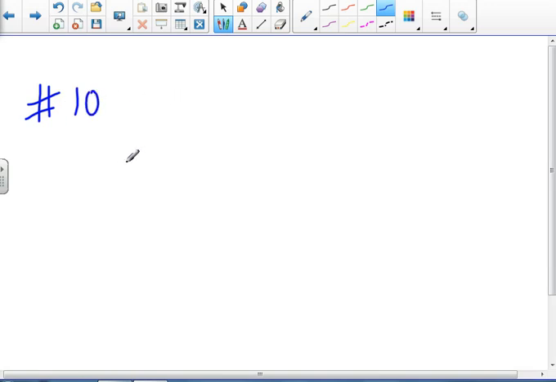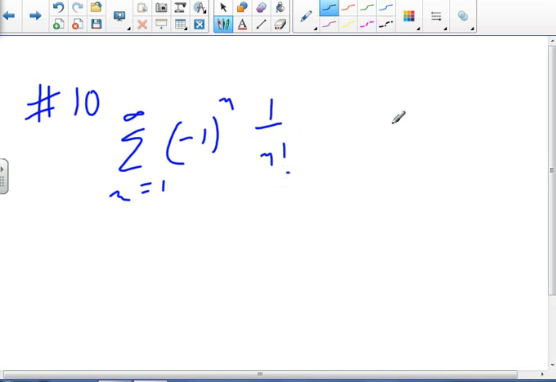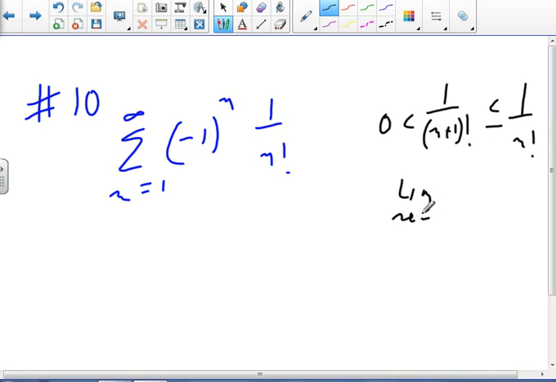Number 10. So I've got the summation, n equals 1 to infinity, minus 1 to the n, 1 over n factorial. Well, I can clearly see that 0 is less than n plus 1 factorial, which is less than or equal to n factorial. And if I take the limit as n goes to infinity of 1 over n factorial, I get 0.